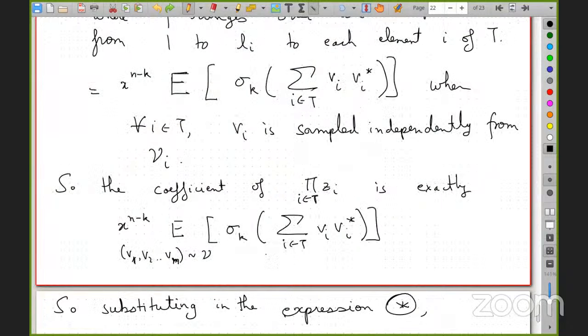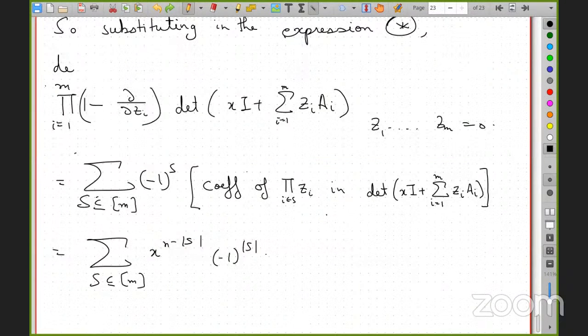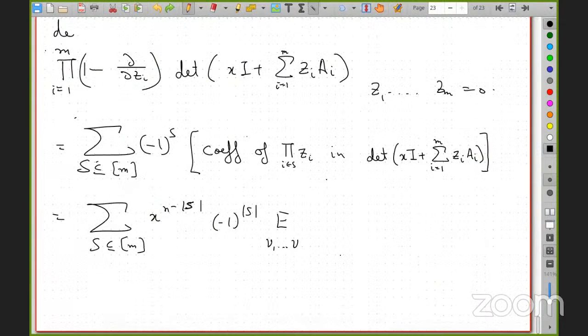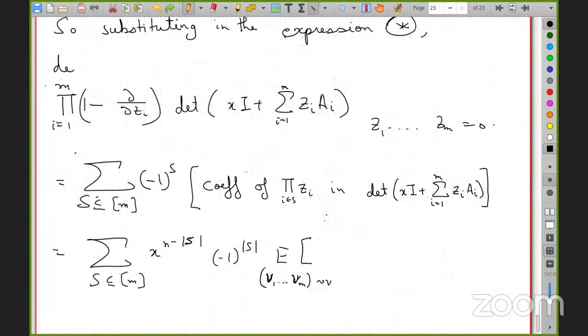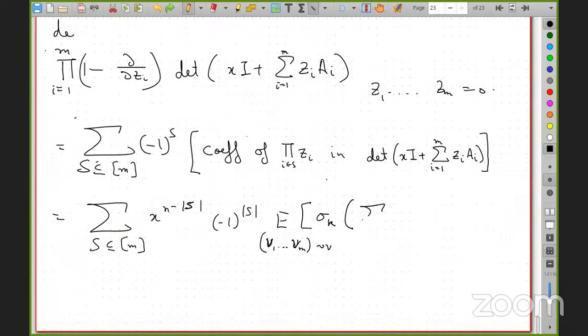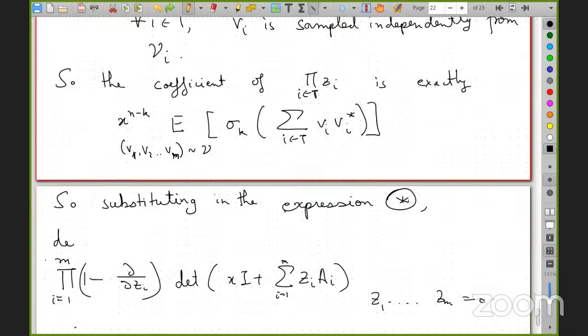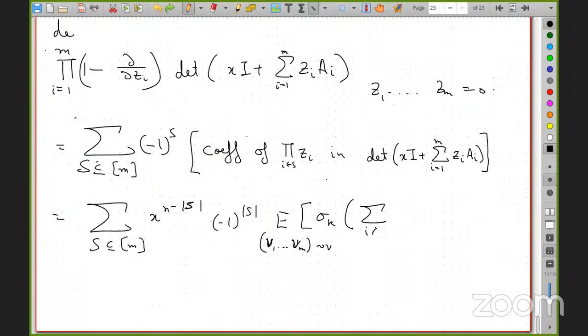And then we have the expectation of v1 to vm sampled according to nu, and then we are looking at sigma k of summation i in S, vi transpose.